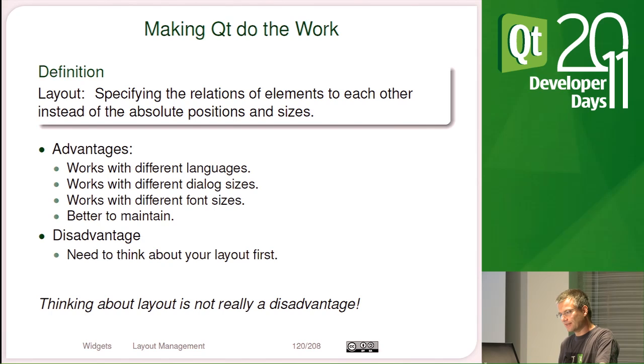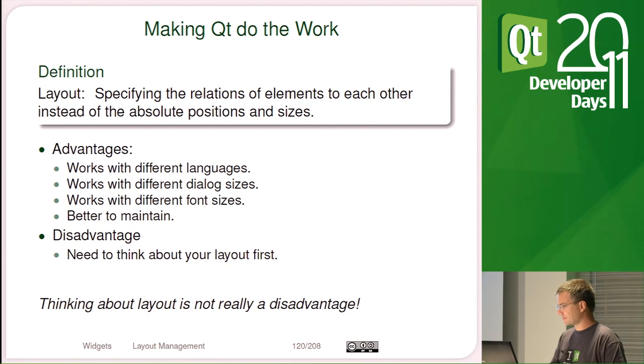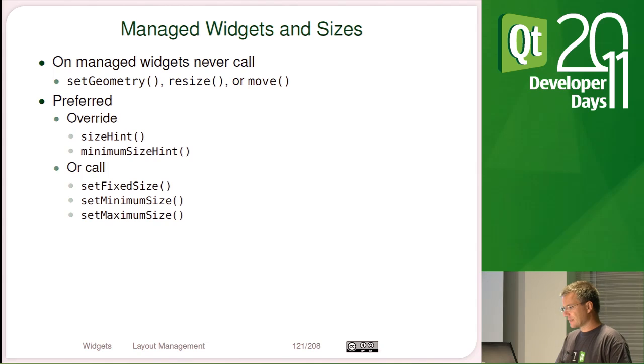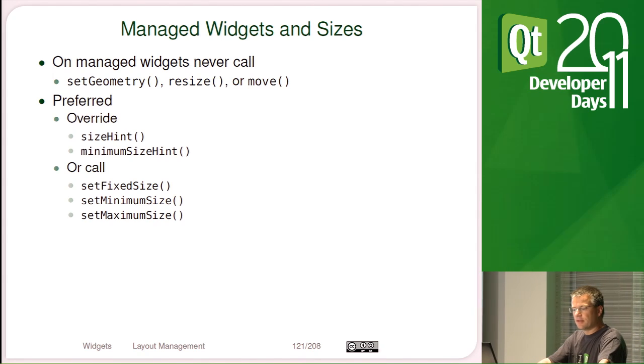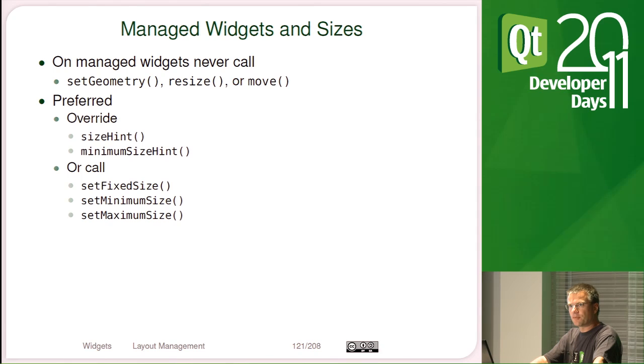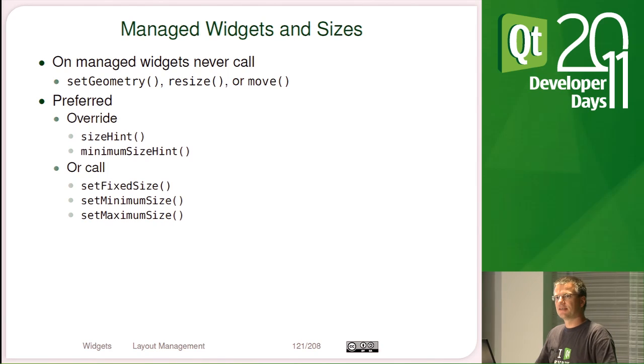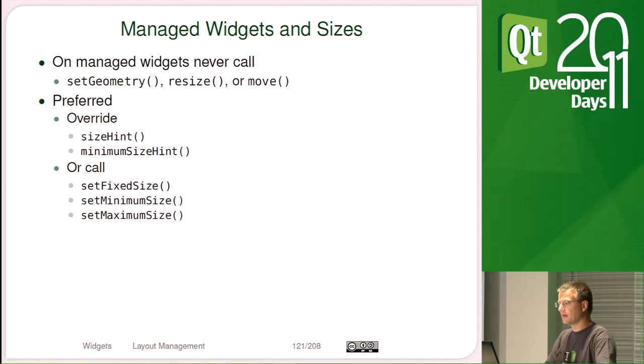But when you deal with layouts, you have to think about your layouts first. Of course, when we're letting Qt do the job, then we are not allowed to call the move, resize, or setGeometry functions anymore.